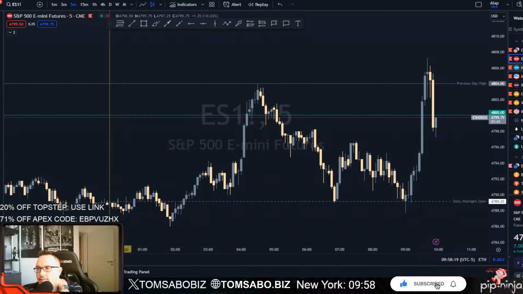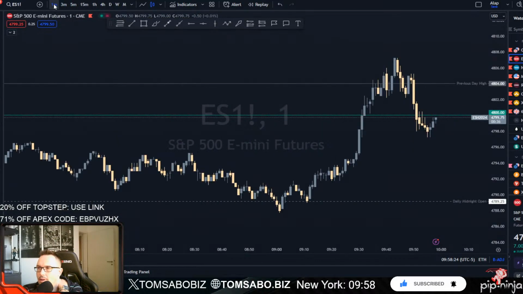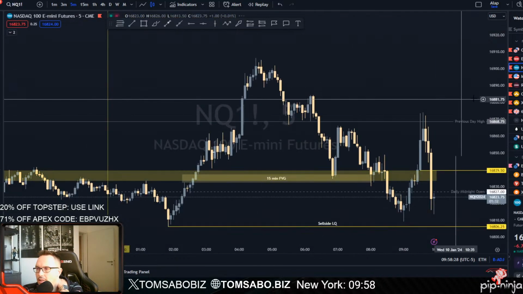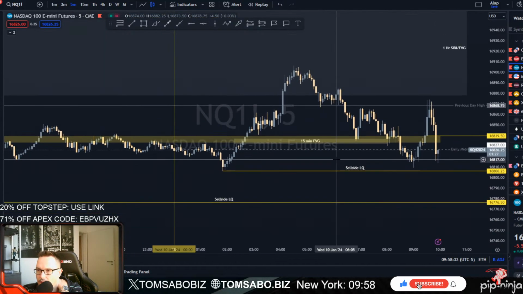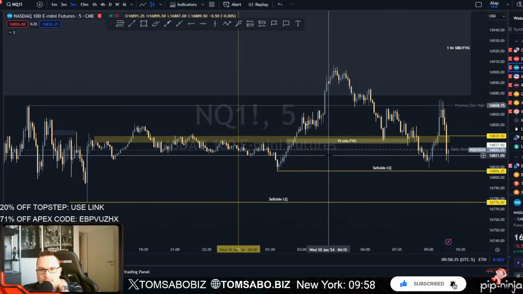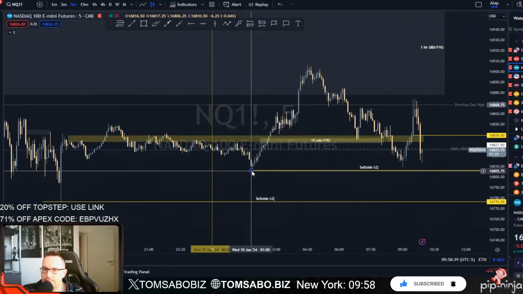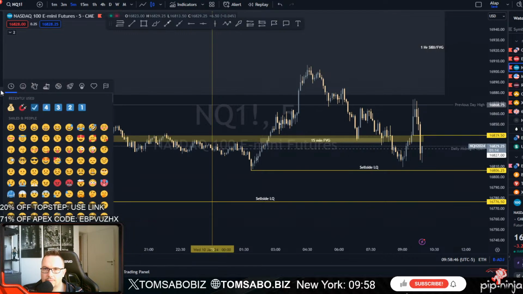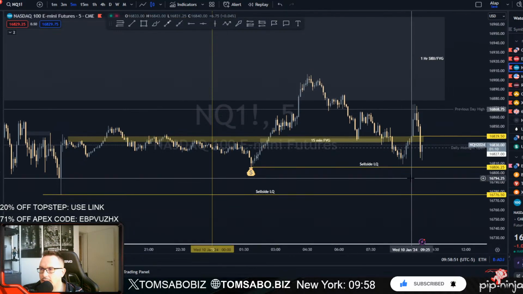ES is also holding so far. 1 minute structure shift, but ES is climbing back up. And if ES goes back up, then Nasdaq is going to do the same, maybe. But these lows, I mean, London low, could be having a little bit of liquidity there. Maybe, but we just have to wait.